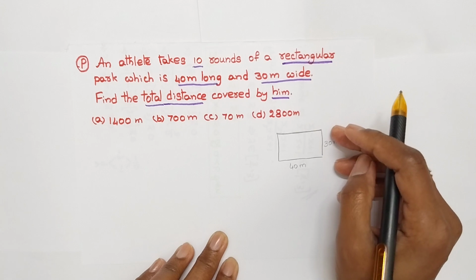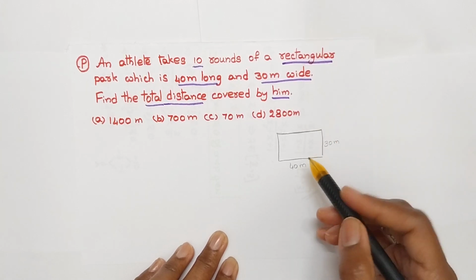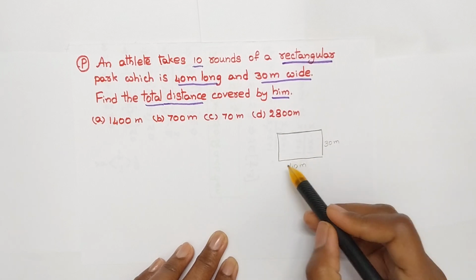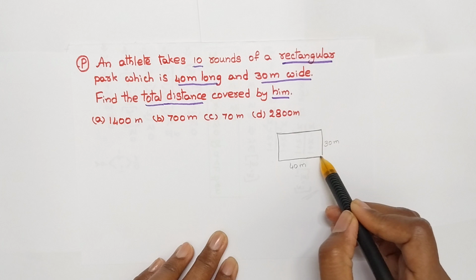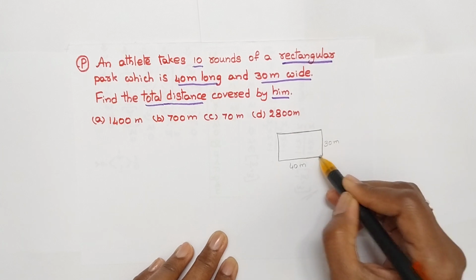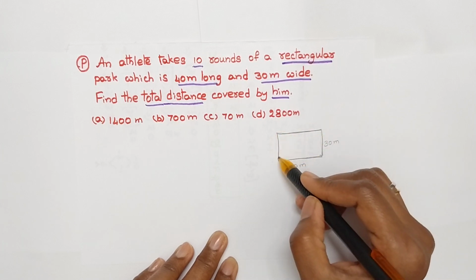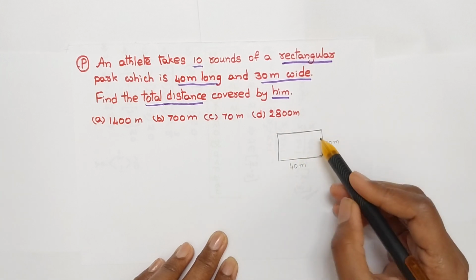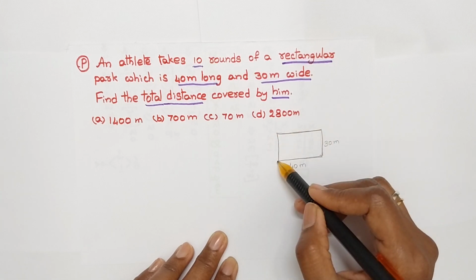And what is the athlete doing? He takes rounds. Rounds means we need to consider he is running through the edge of the park.